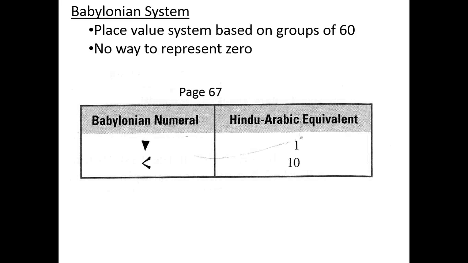And their place value system, instead of grouping by tens like our system does, grouped by 60s. They could not represent 0, and the 2 symbols that they used look like these. The one is kind of a triangle that points down that represented 1, and the other one looks kind of like a less than sign, and that represented 10.